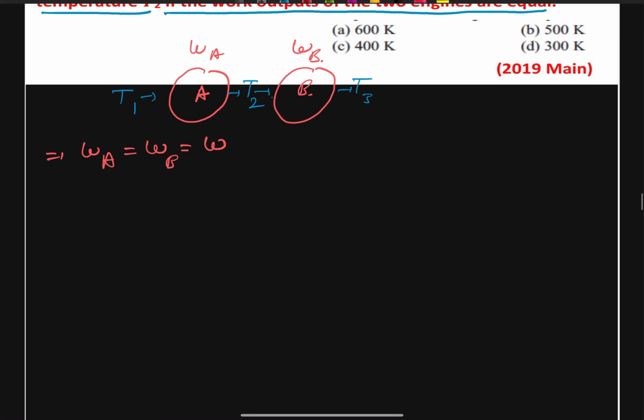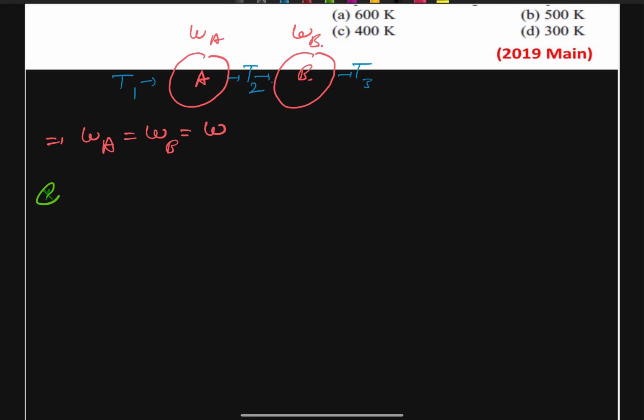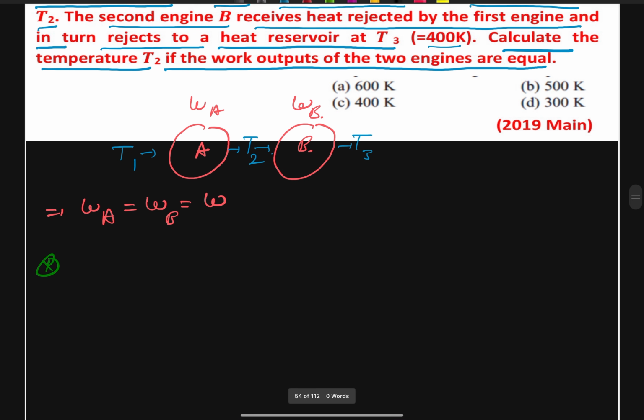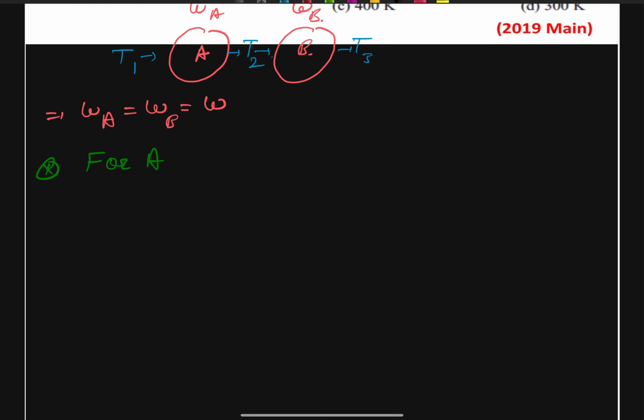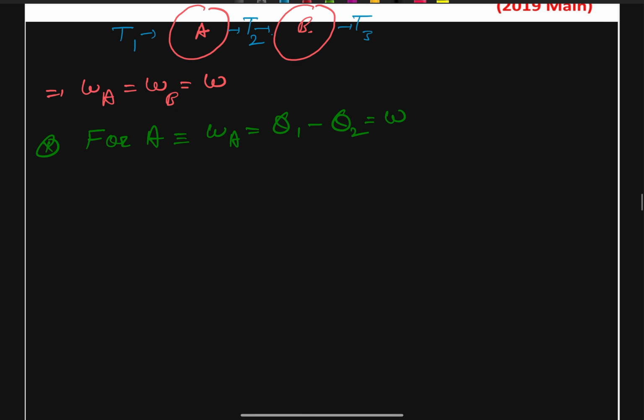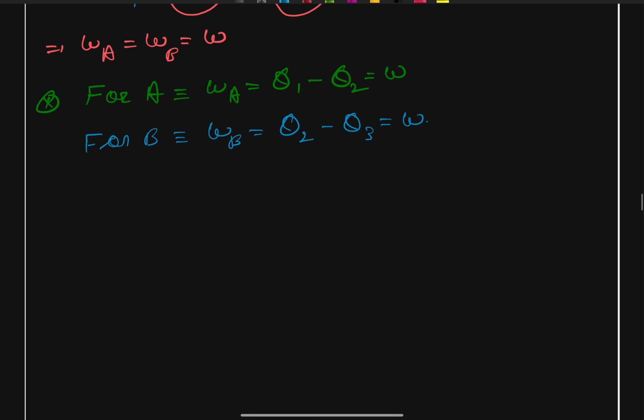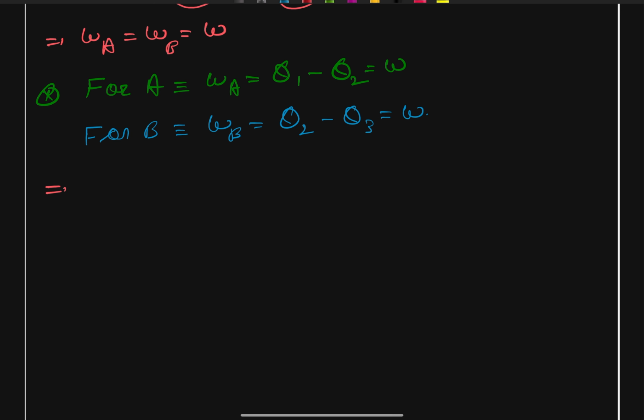Therefore, for engine A, WA will be equal to Q1 minus Q2, which is also equal to W, and for B, WB is equal to Q2 minus Q3, and this is also equal to W. As both are equal, we can write Q1 minus Q2 is equal to Q2 minus Q3.